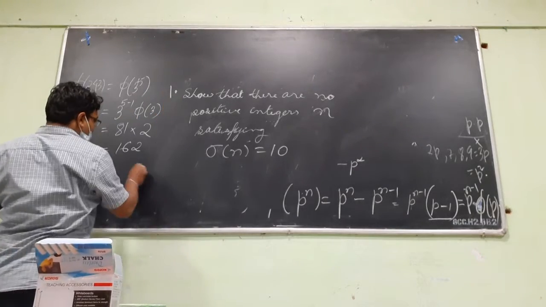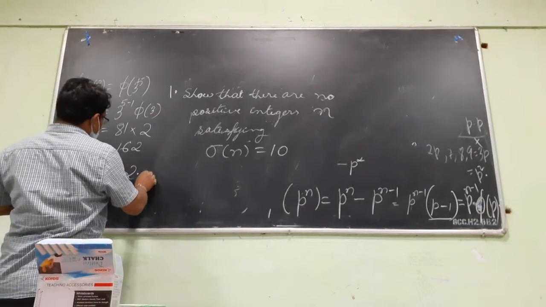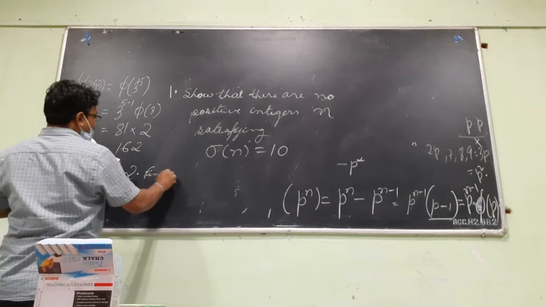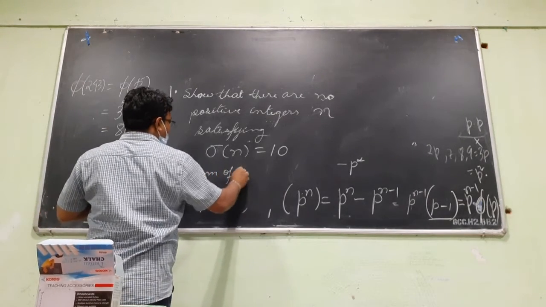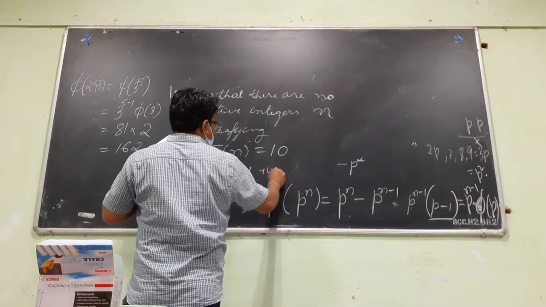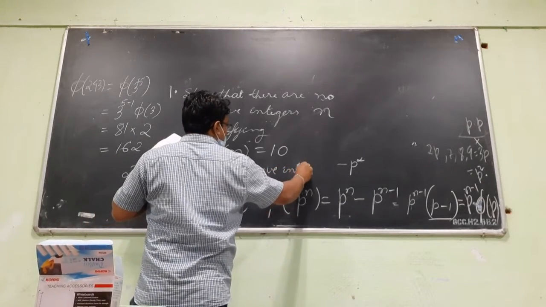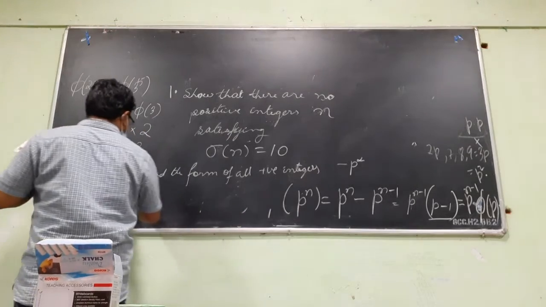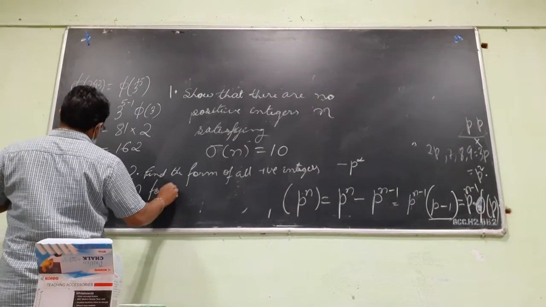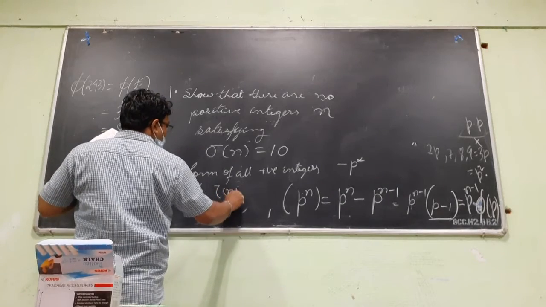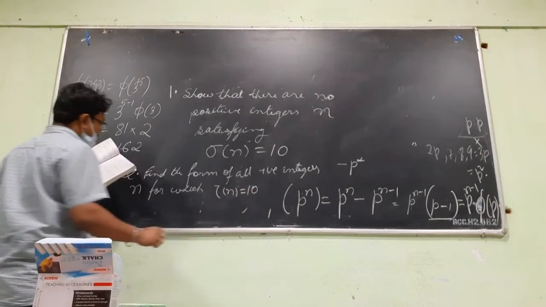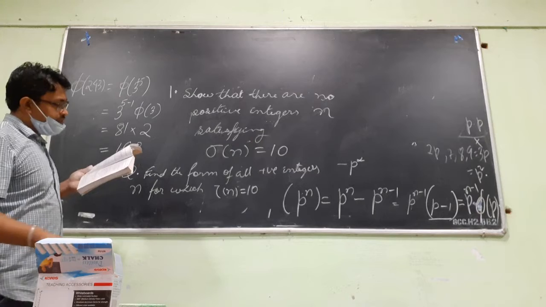Another one, try to think. Find the form of all positive integers n for which tau of n equals 10. What is tau? Tau is the number of positive divisors.